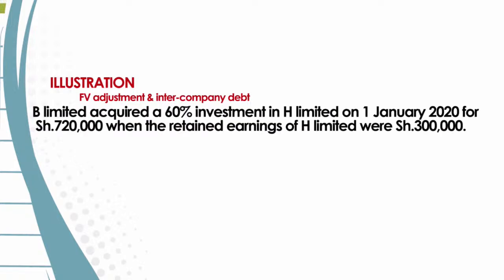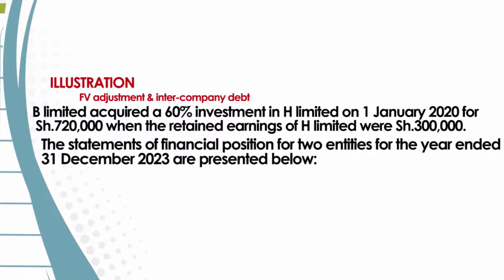It's on 1st of January 2020 for shillings 720,000 when the retained earnings of H Limited was shillings 300,000. The statements of financial position of the two entities for the year ended 31st of December 2023 are presented below.